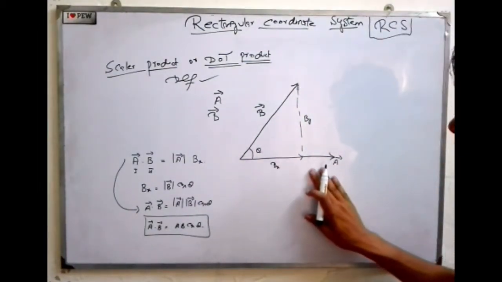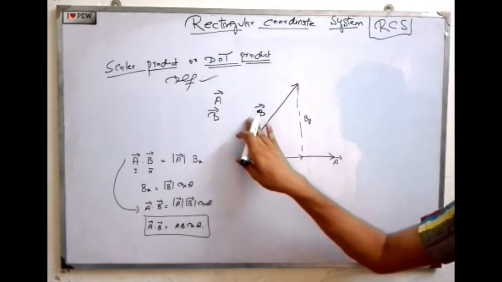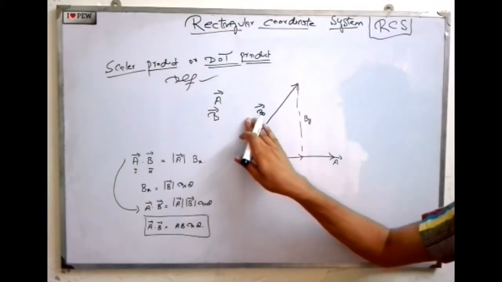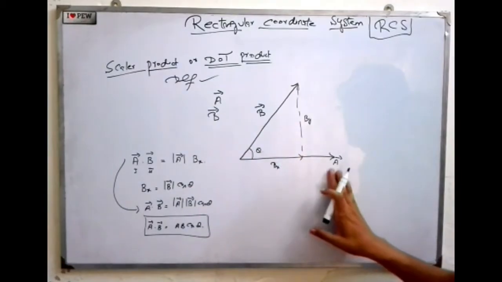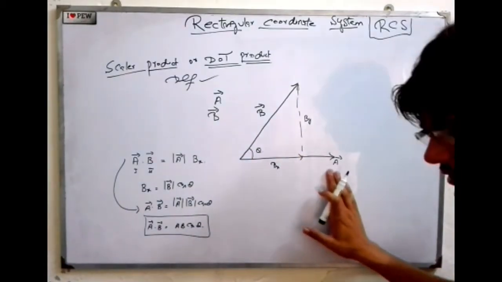Now let's take this B vector as my first vector and this A vector as my second vector.